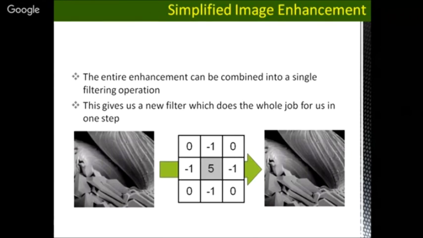Now this could be achieved in one go. Instead of 4, if you put 5 here, can you see, instead of minus 4, just because we wanted to add the original image, we have added 1 more, and instead of minus 4 versus 1 each in the diagonals, we have made 5 and minus 1 in each. So this image is actually 5 times the original.